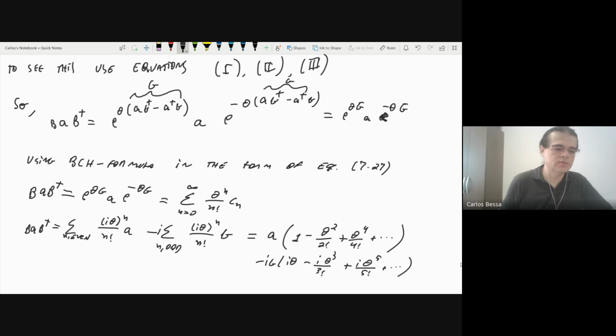So use the fact that cosine of x is the sum from n equals 0 to infinity of (minus 1) to the n x to the 2n over 2n factorial. That's 1 minus x squared over 2 factorial plus x to the 4 over 4 factorial.